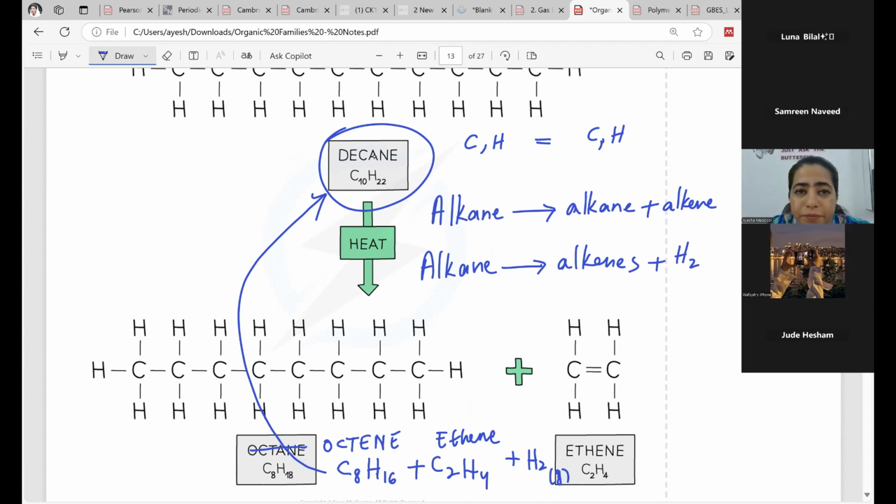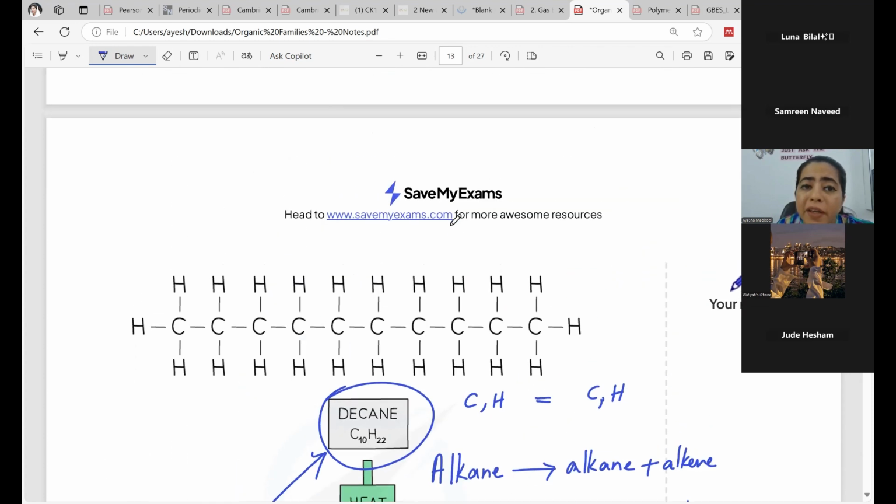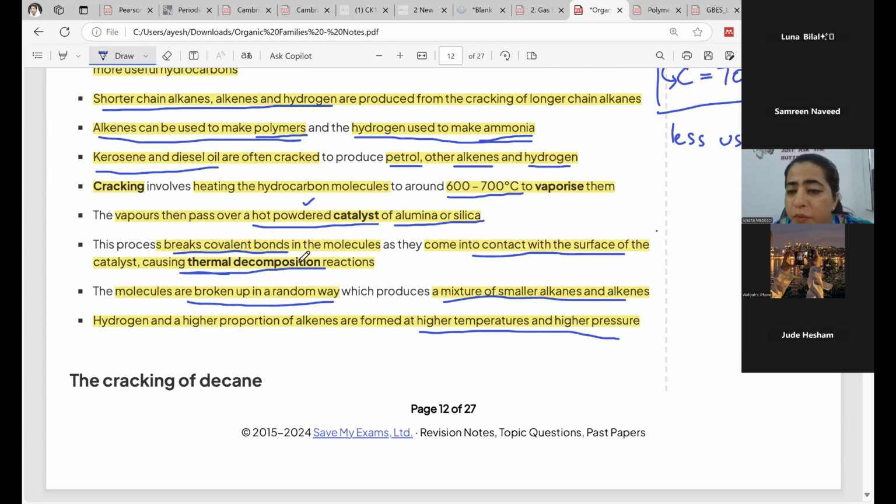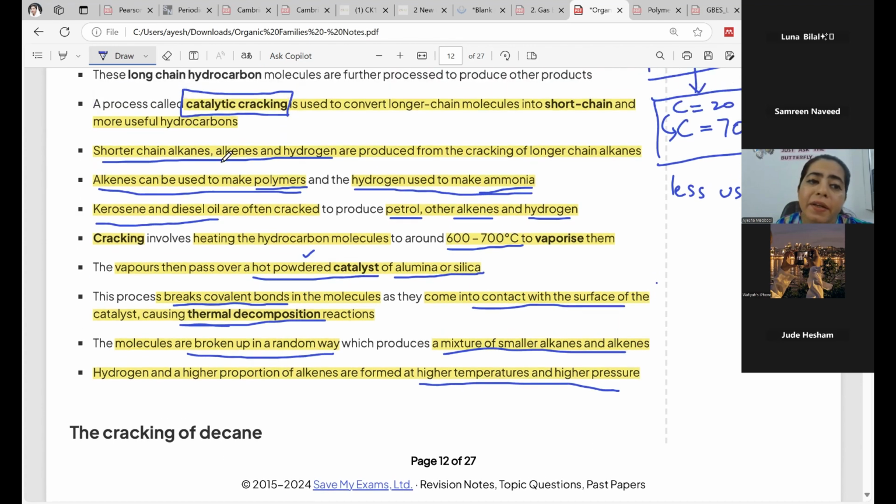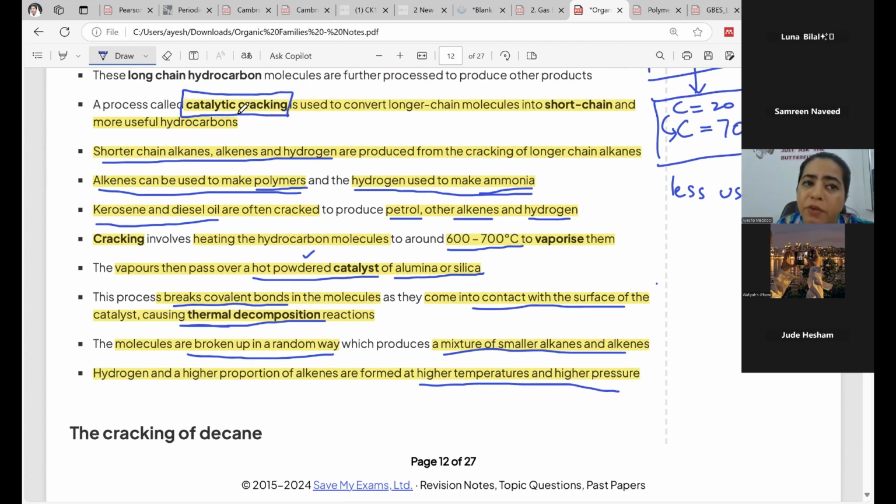Yes, Samreen. Miss, thermal decomposition and catalytic cracking, they are the same thing, right? They are the same thing for now. Why? Thermal decomposition can happen anywhere. Wherever a substance breaks with heat is known as a thermal decomposition reaction. It's a general term. Catalytic cracking means we are breaking alkane into smaller pieces.